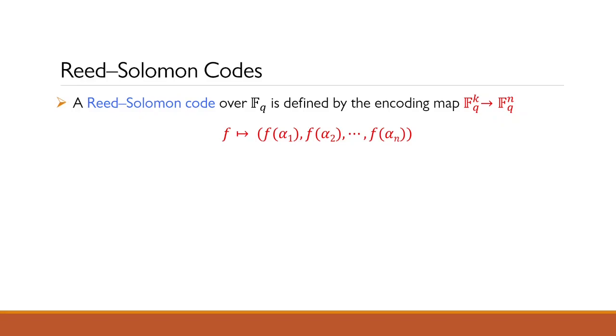For example, we can look at the Reed-Solomon codes, which are one of the most well-studied error-correcting codes, and are defined by an encoding map that sends a low-degree polynomial f to the evaluations of f at n evaluation points, alpha 1 through alpha n.